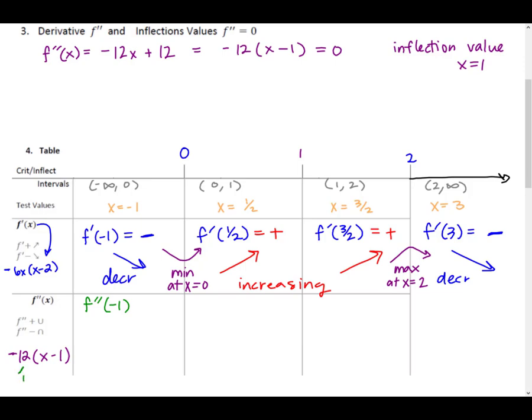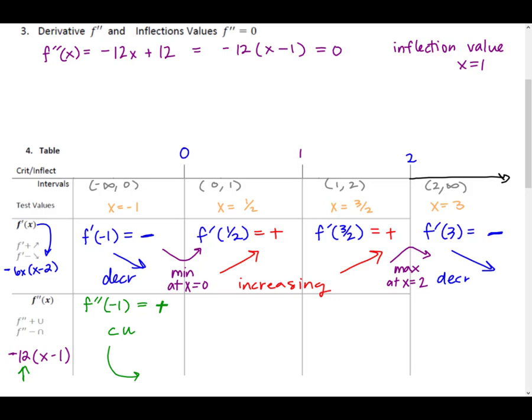What is negative 1 minus 1? That's still negative. So negative 12 times negative 2, we're going to get a positive value here. That indicates that we have concave up. Now, keeping in mind we have concave up included on this decreasing interval, we're only going to have the left half of our concave up curve.